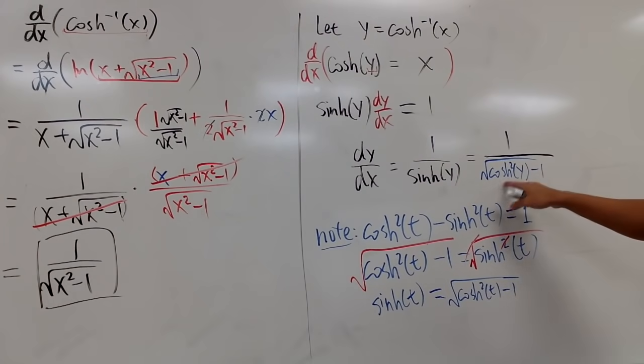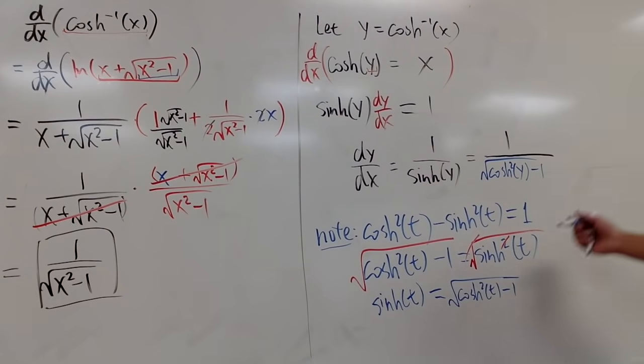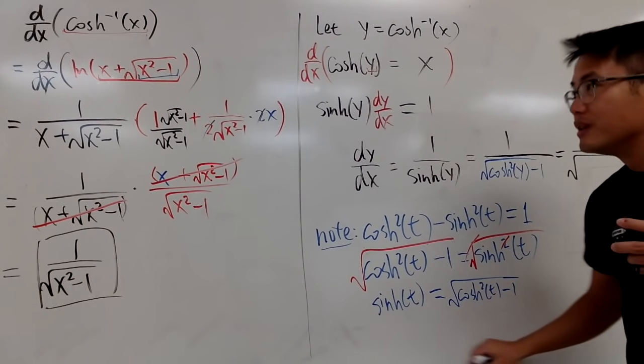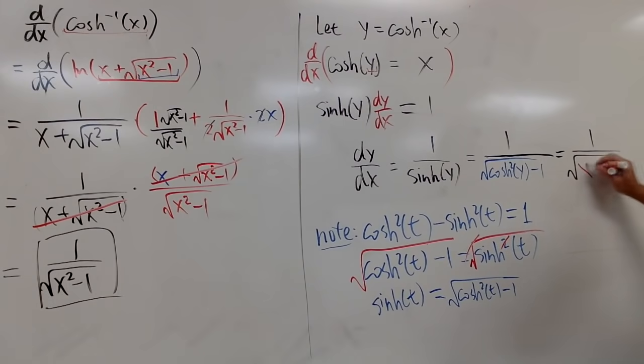And right here we have cosh squared y, so this is actually just x squared. So finally we see that this is equal to 1 over square root of, and once again cosh of y is x, so this is just x squared, and then you have the minus 1. And with that, we are done.